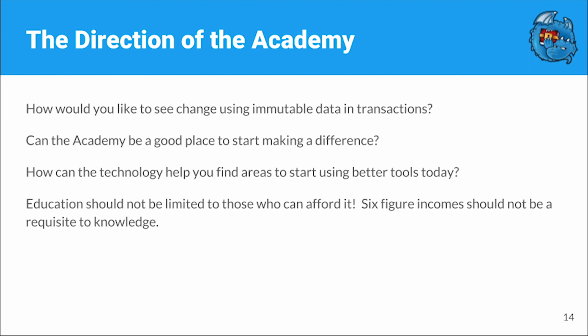And then, again, the direction of the Academy, where are we going from here? How would you like to see change in immutable data and transactions? From the Academy standpoint, we want to give you a viable solution that you're going to learn, and then give you everything you need to start building whatever solution you need, right?